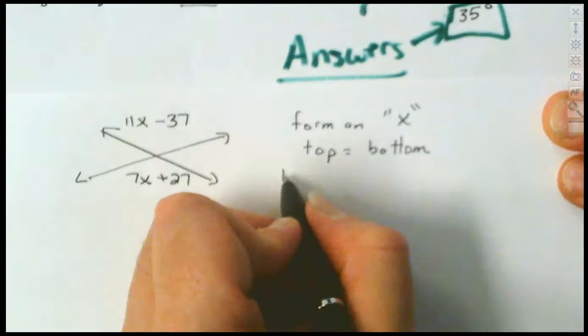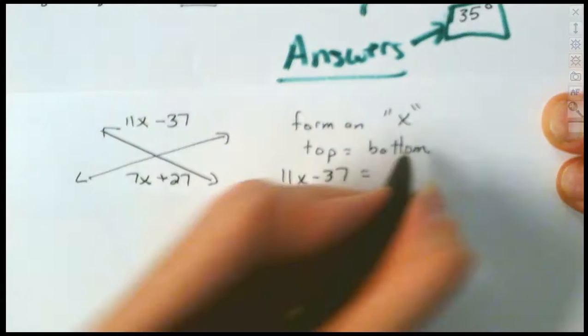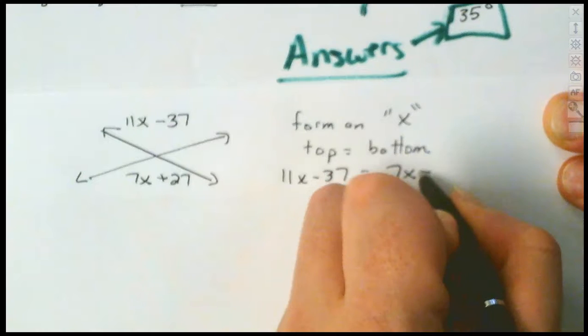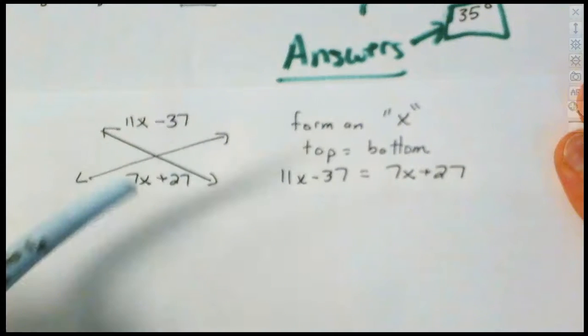Top angle is 11x minus 37. The bottom one is 7x plus 27. So those are now going to be equal because it forms an x. So anytime it forms an x, the top equals the bottom, left equals the right. So they gave us the top and the bottom angles here.